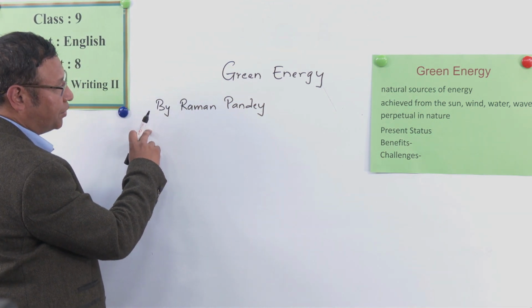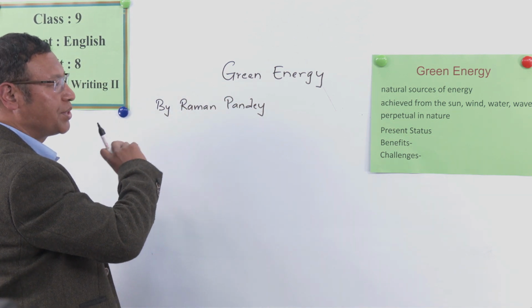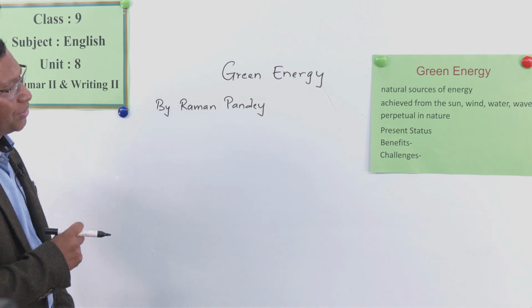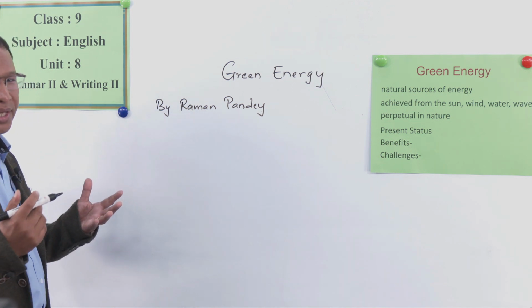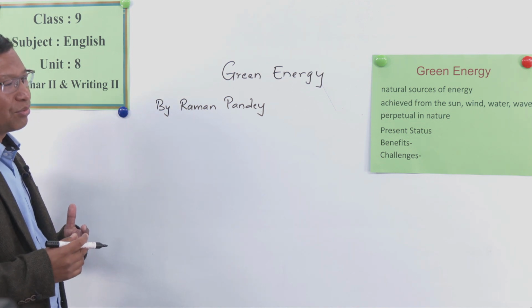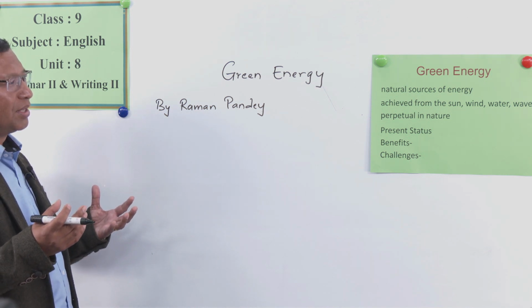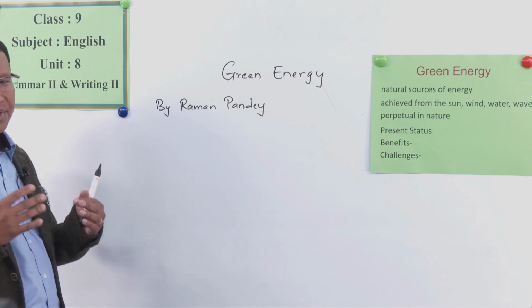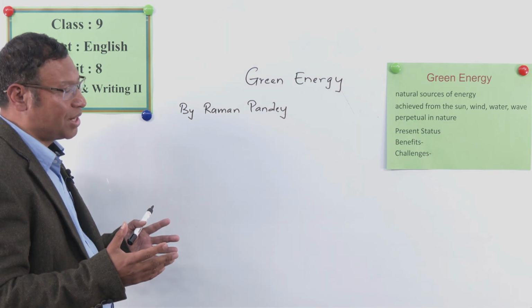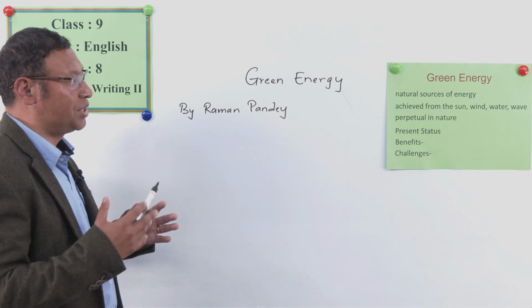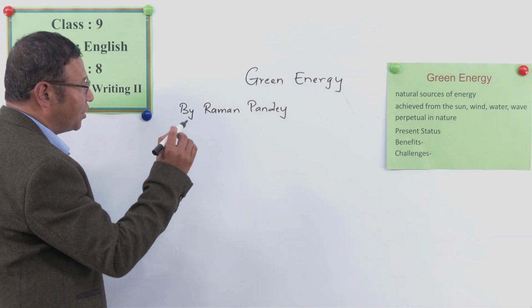Now you have to introduce the topic. While introducing the topic green energy, obviously you will write by saying what you understand by green energy. Most of the time when you are writing, even in essays and paragraphs, you have to try to define the topic, what it is about. So what is green energy?